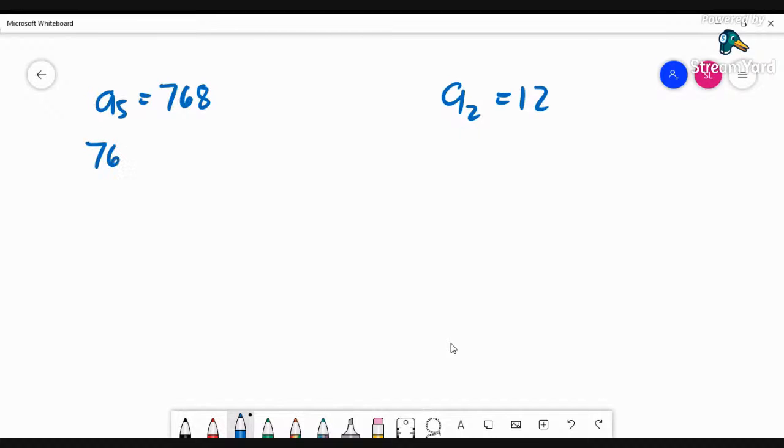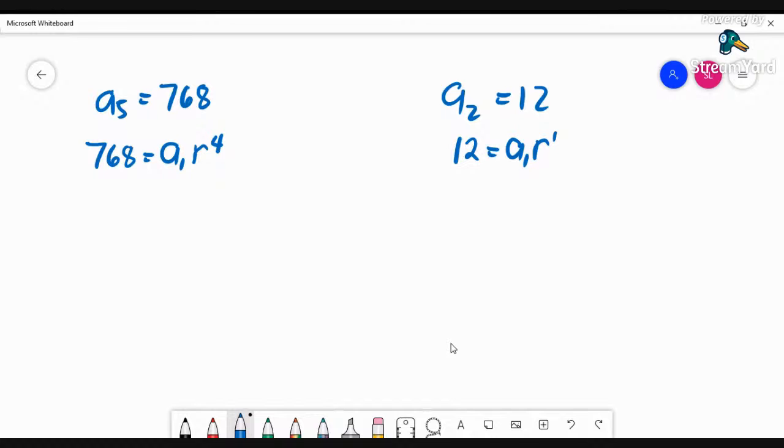So that's 768 equals a sub 1 multiplied by the common ratio raised to 4. And our a sub 2 is 12 equals a sub 1 times your common ratio raised to 1.